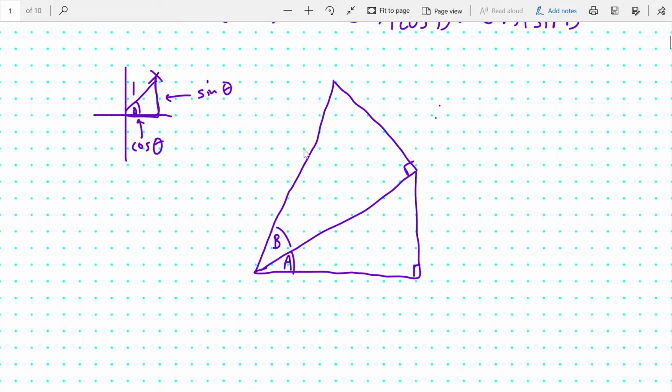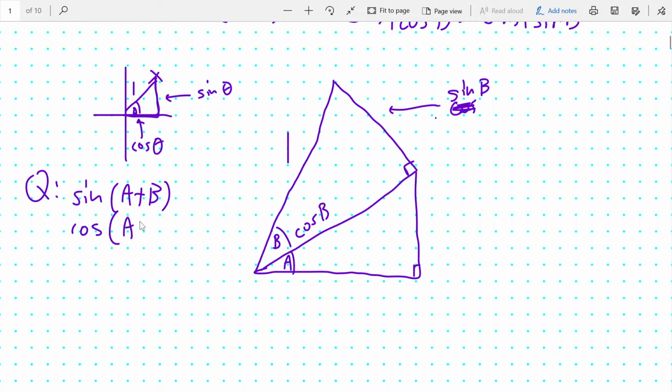So the way I'm going to start off is by making the hypotenuse of this triangle with B equal to 1. Then we know that this side must be, or not cosine B, but sine B, as it is the vertical, and this side must be cos B. And we are looking for sine A plus B as well as cos A plus B. So we need to create our right angle triangle with the angle A plus B by drawing a line down here.